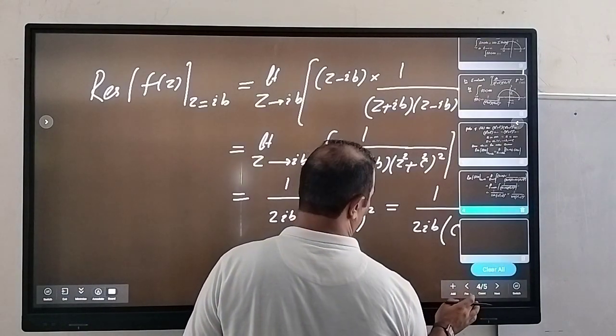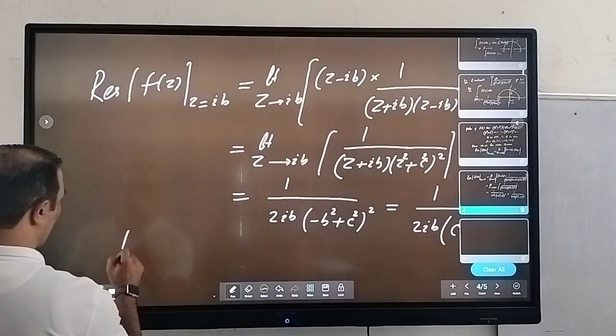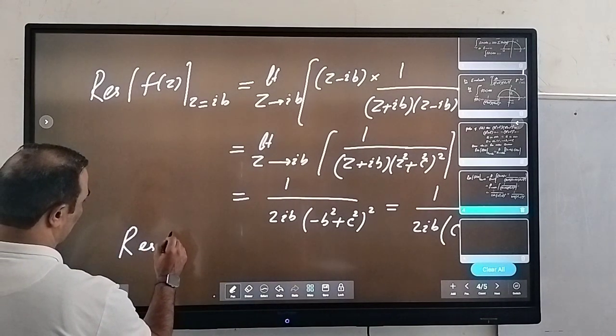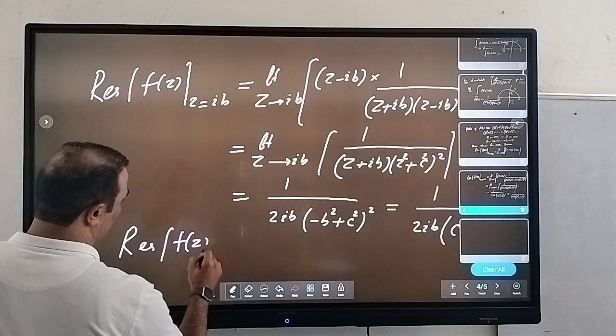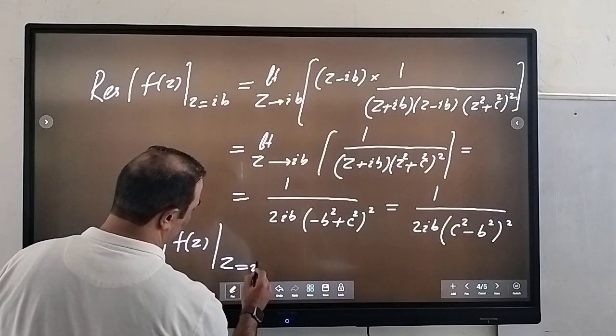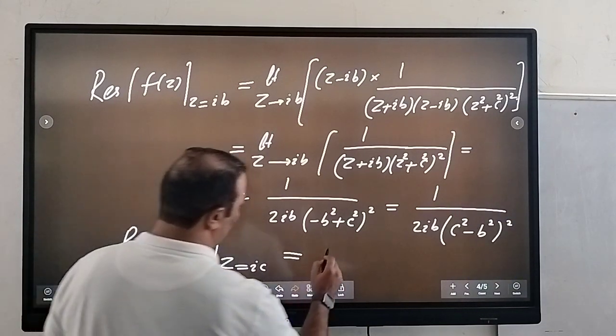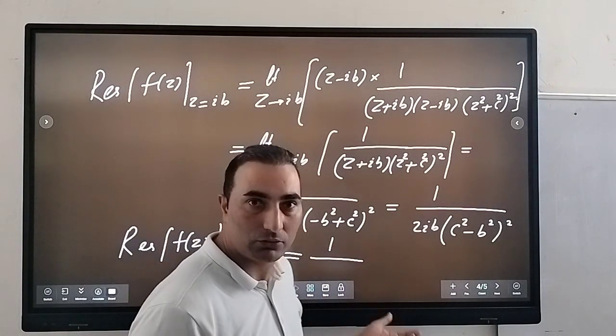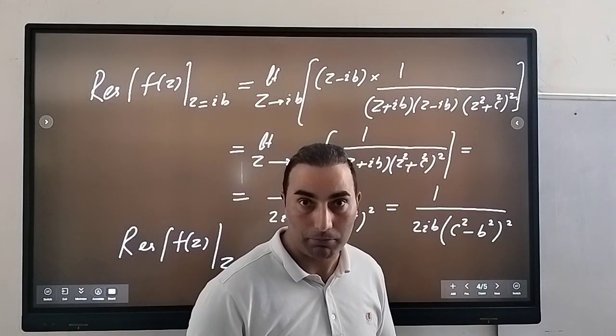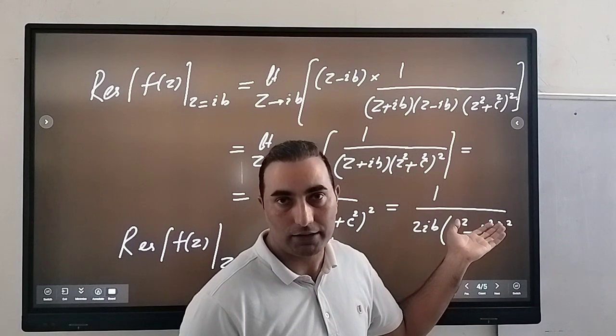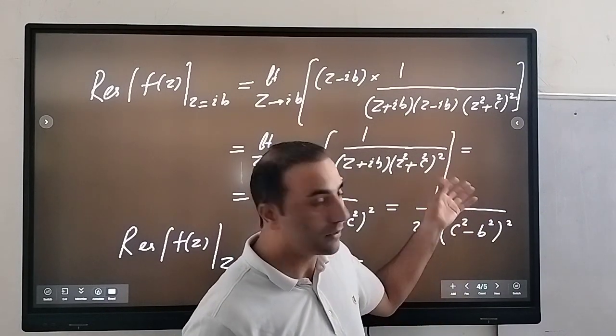So before that, okay, you write here the residue of this f of z at z equal to iota c. That will be equal to 1 by m minus 1 factorial, because we have the pole of order m. So here m is equal to 2 because it has a pole of order 2 here.